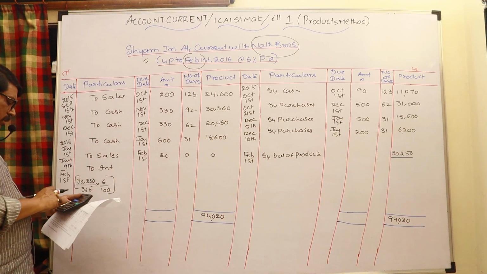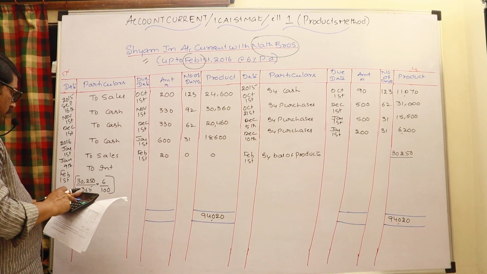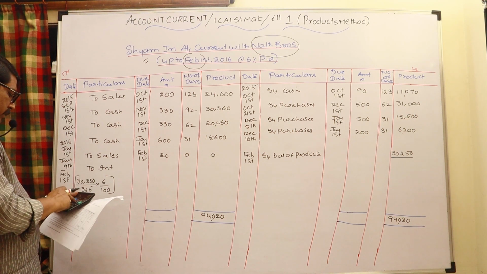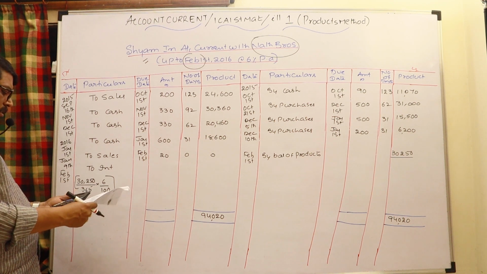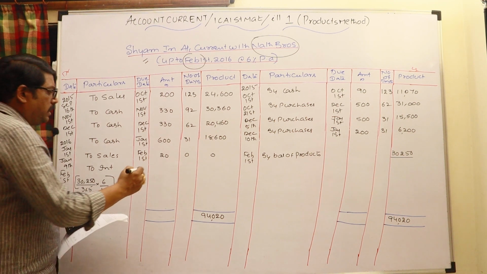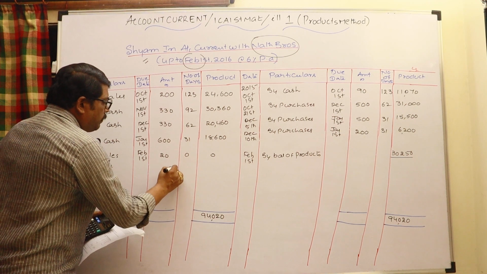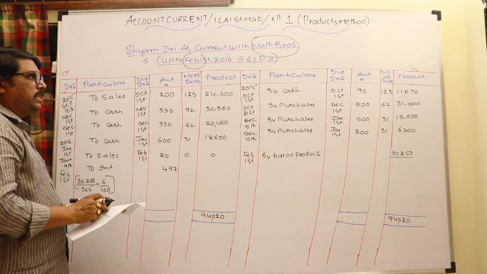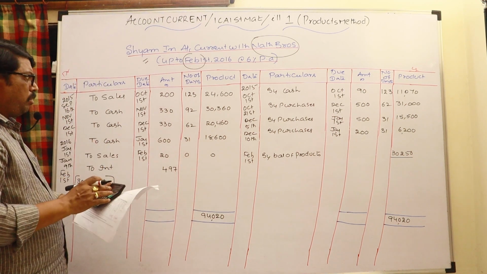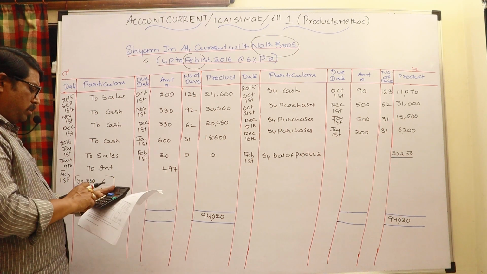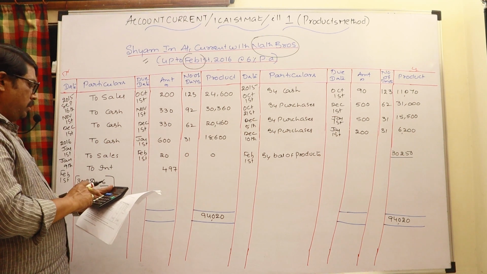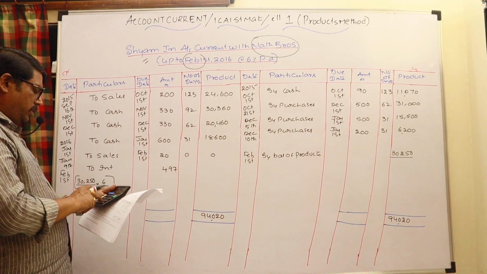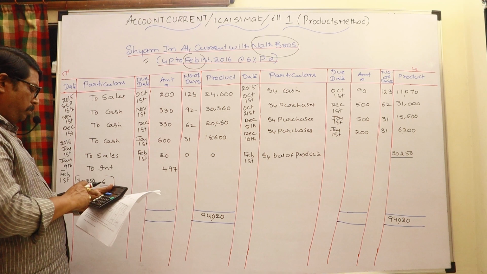Check how much: 30,250 by 365 into 6% gives 4.97 interest. Write in the amount column 4.97. Then you can balance the amount column at the end. Let us see: 200 plus 330 plus 330 plus 600 plus 20 plus 4.97.